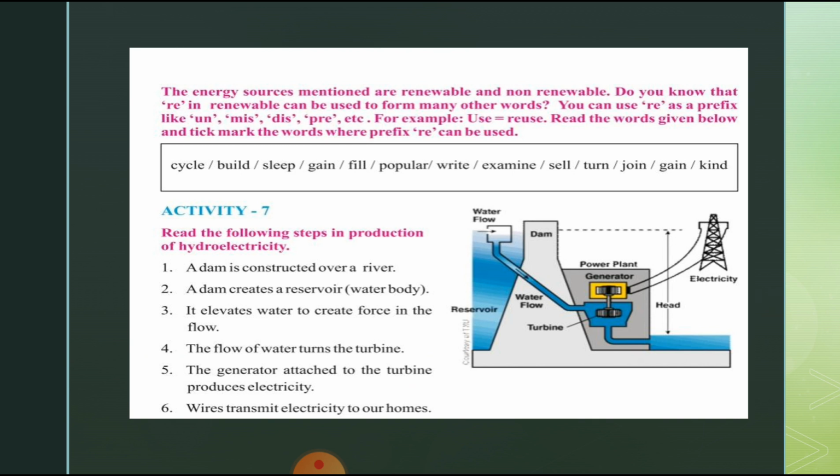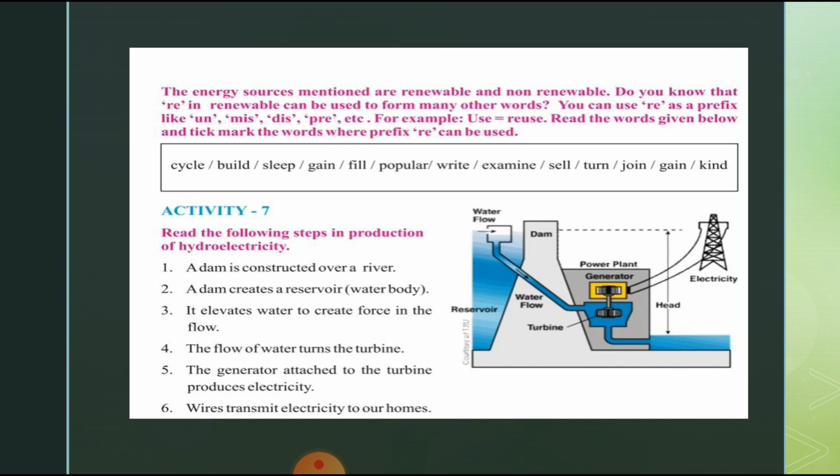Read the words given below and tick mark the words where the prefix re can be used. For cycle, we can use re, yes, recycle. Build, rebuild, yes. Sleep, no, we cannot use re over here. Gain, yes, regain. Fill, refill.